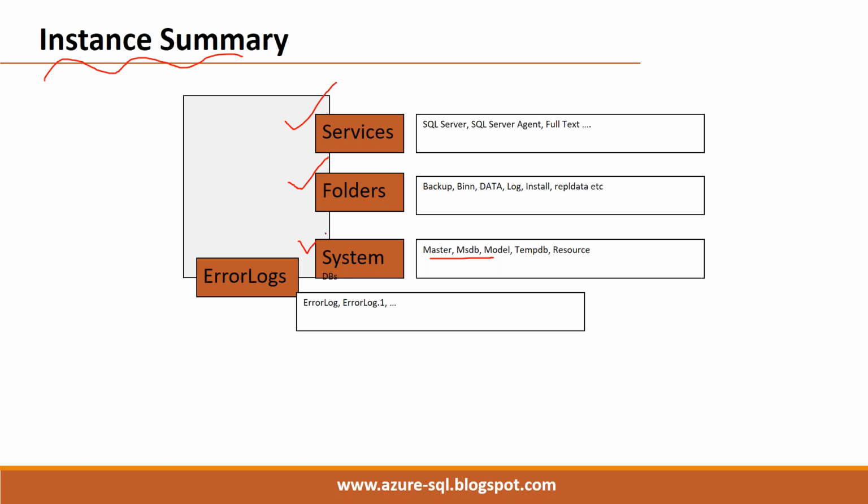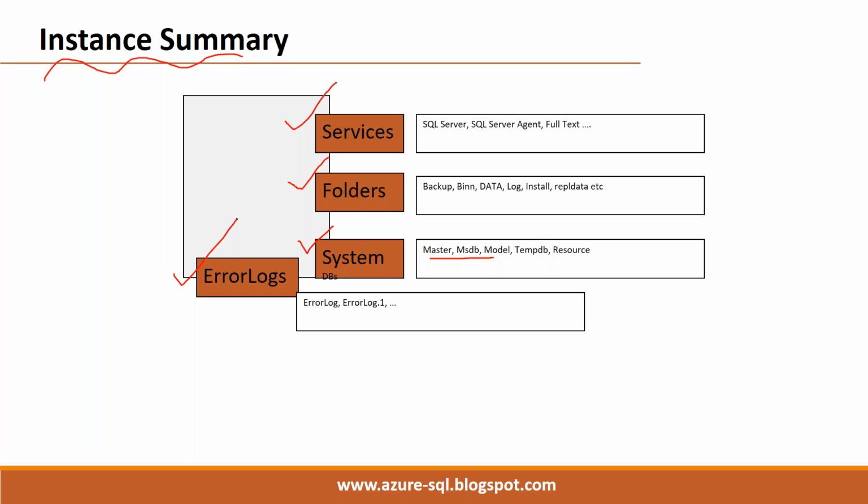Every instance has its own system databases and its own error logs. These four major components are there with every instance, which we need to work with as a DBA.